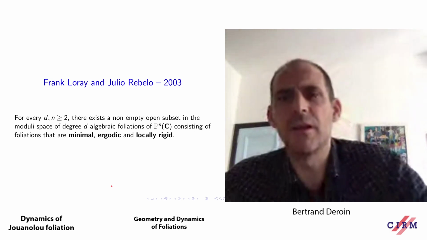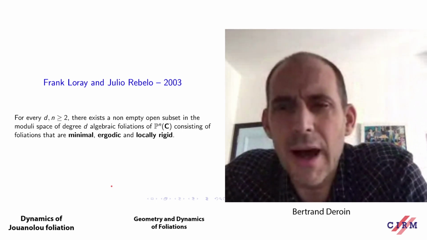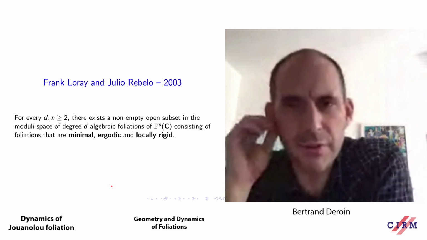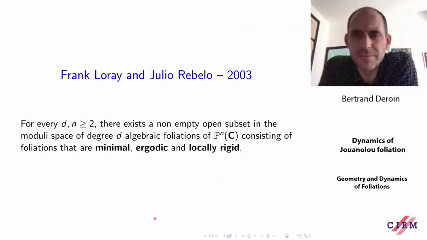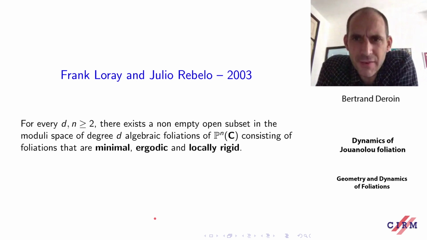I mean the variety of foliations of a complex projective space modulo the group of projective equivalences, in the sense of GIT.